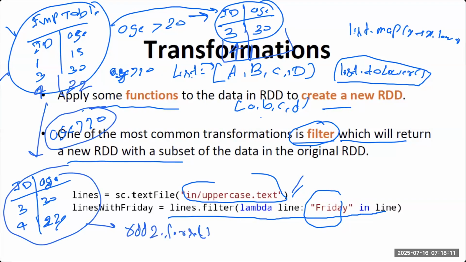If I write this, it will return only the first record. It will send this to the driver, and the driver will return this record to us.